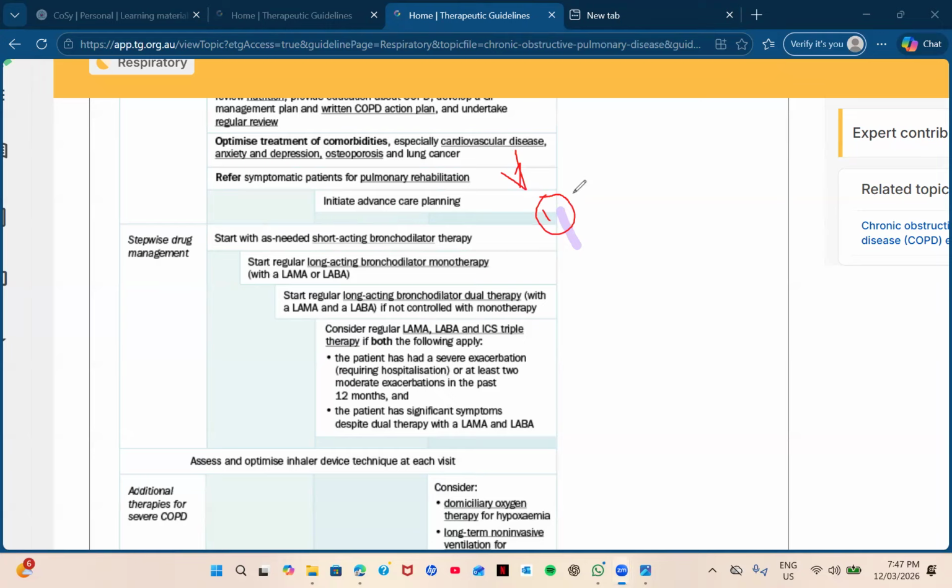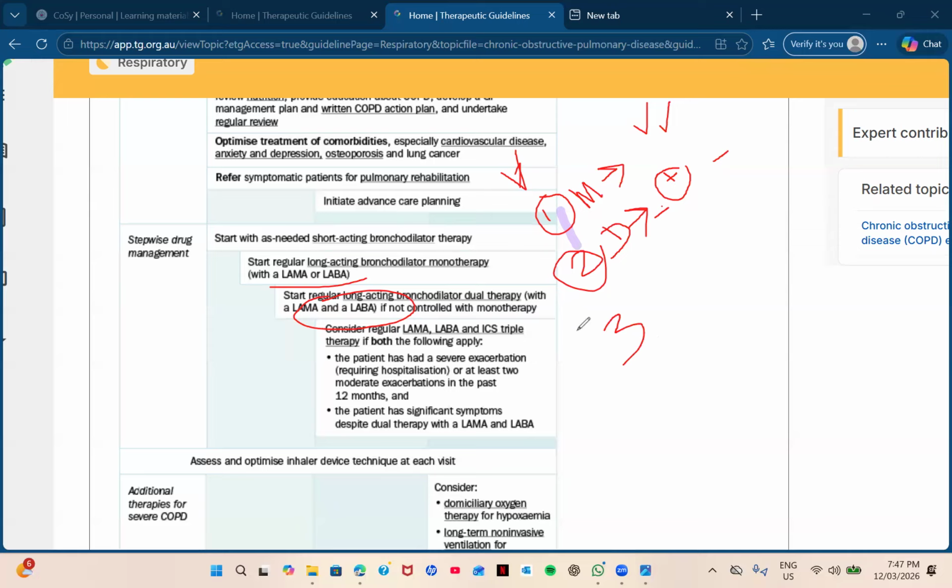Yes, we have the monotherapy, which can be either LAMA or LABA, right? Then if it is not working, we have dual therapy. Dual therapy means a combination, so there should be two drugs, right? Here LAMA and LABA.